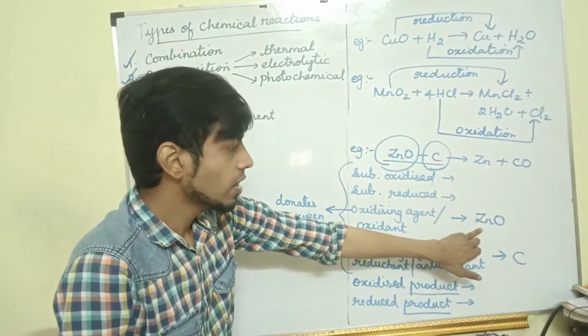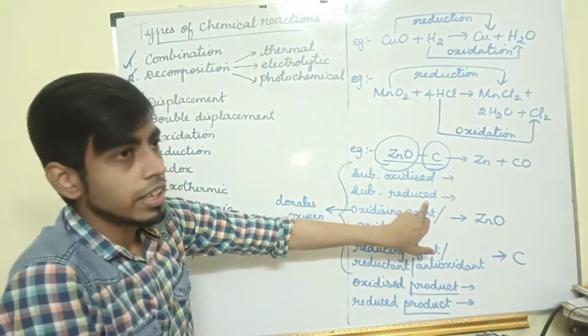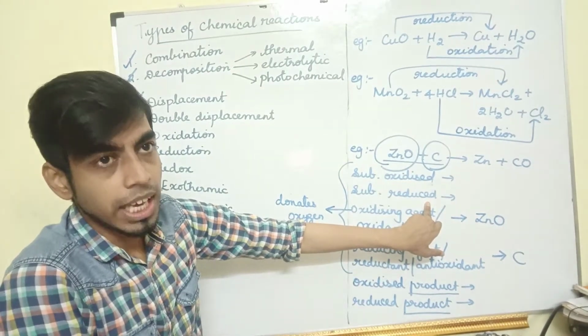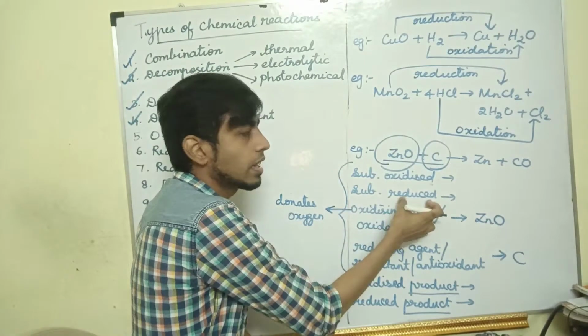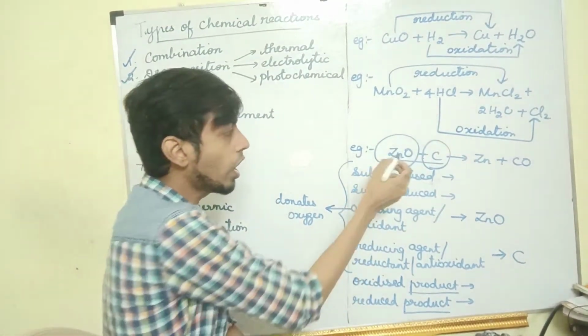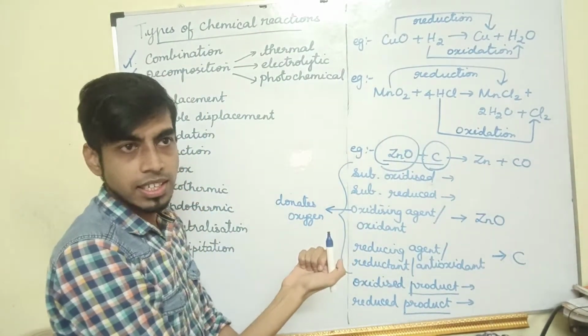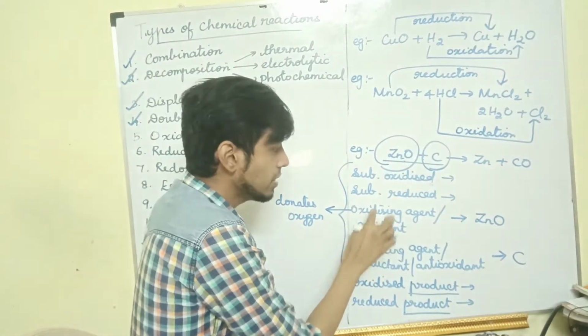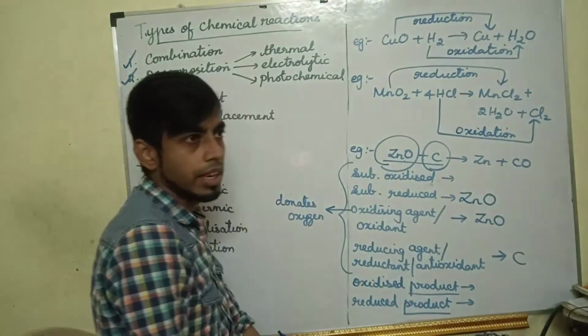Always, oxidizing agent and substance reduced will be the same answer. Substance reduced means the substance from which oxygen can be removed, that is the meaning. We can remove oxygen only from a substance that has oxygen. Correct? So oxidizing agent and substance reduced answer will be the same.